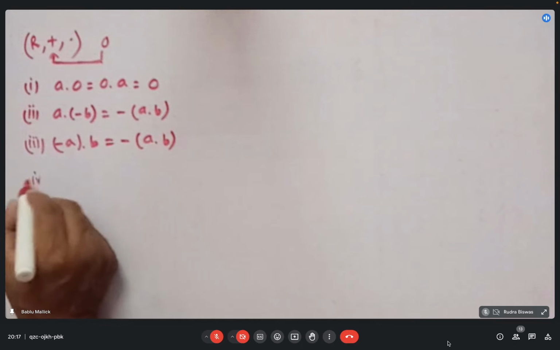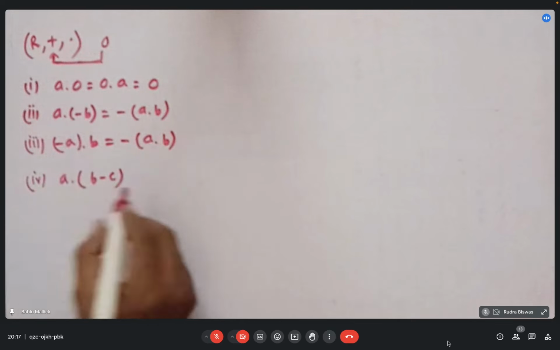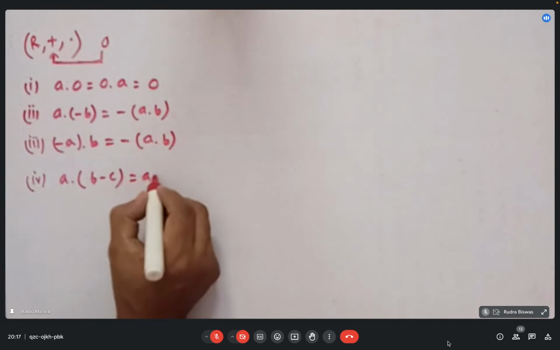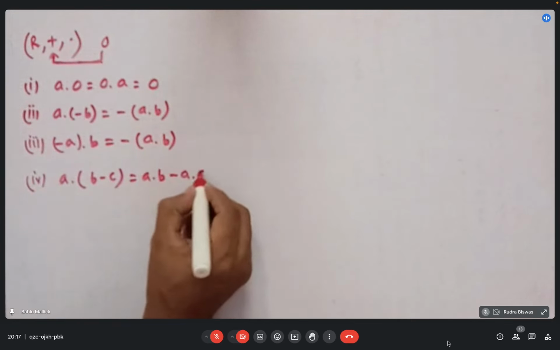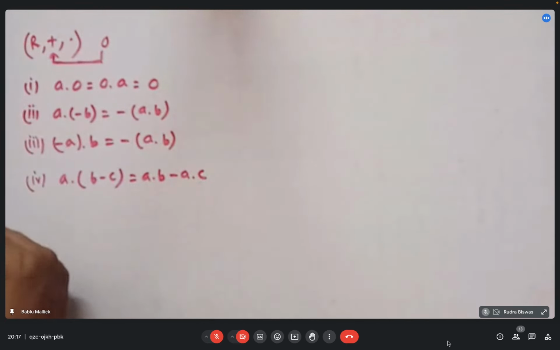And number 4, a into b minus c is equal to a into b minus a into c. We shall prove this. Very simple proof.